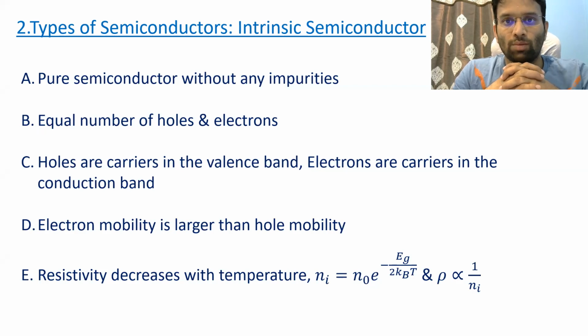Now, when it comes to intrinsic semiconductor, it is the pure semiconductor, as an example, the elemental semiconductor without any impurities. So you can take silicon or germanium, a pure silicon block or pure germanium block. That itself can be said to be an intrinsic semiconductor.